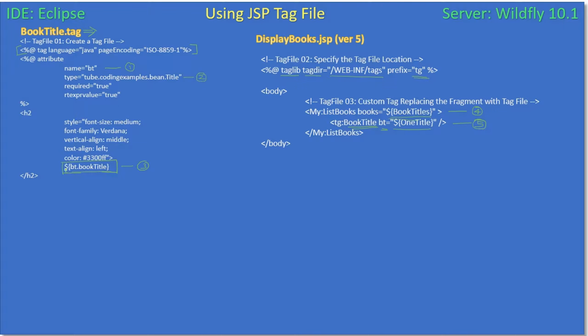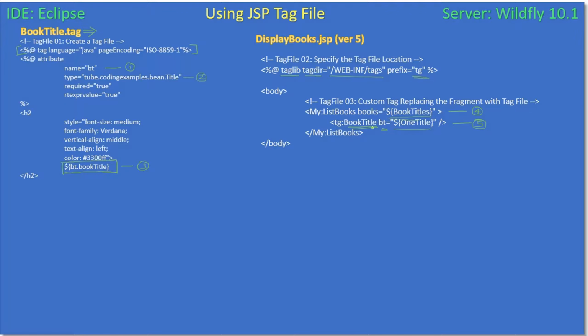That's all. Then he knows what data is available. Because it's a title bean, definitely he knows it will give the data of book title, book type, and price. Here the coder decided that since it is bt, he is making use of only the book title, and he set a styling for it.